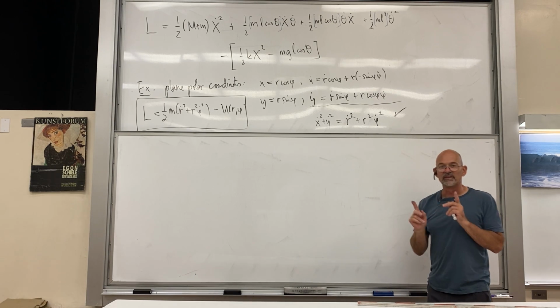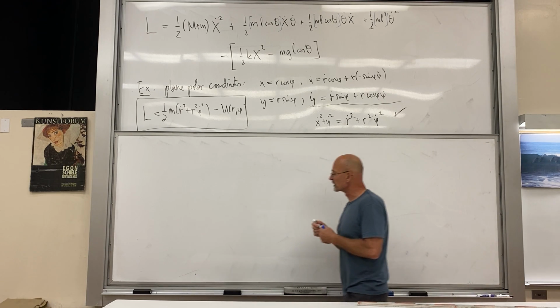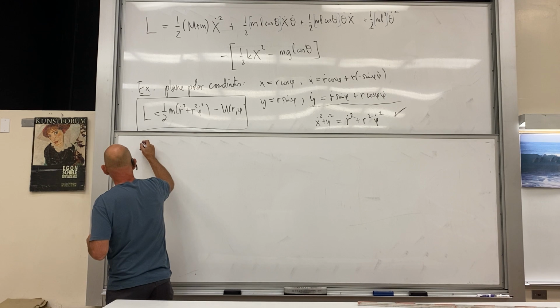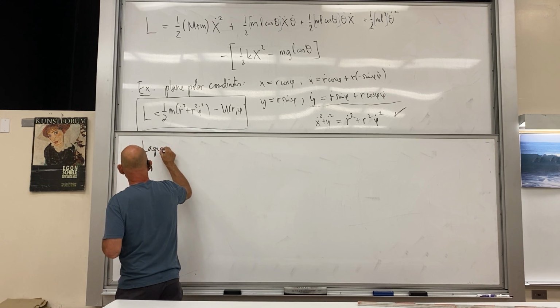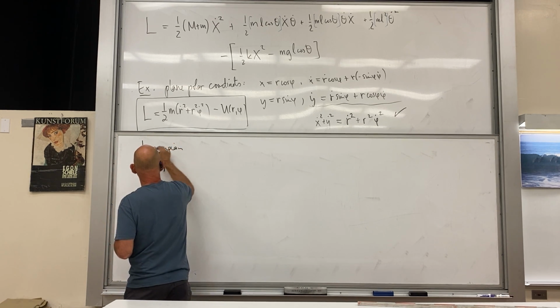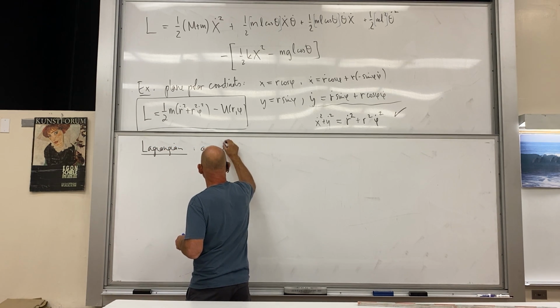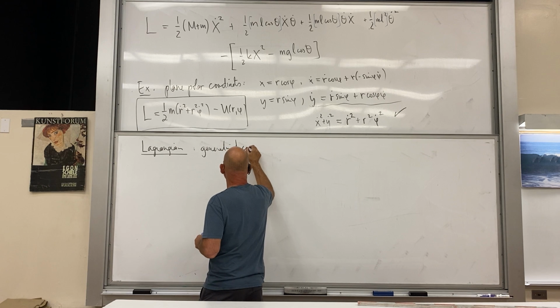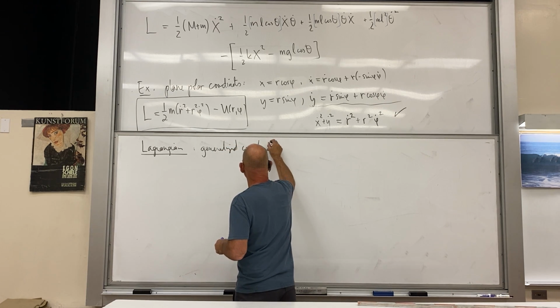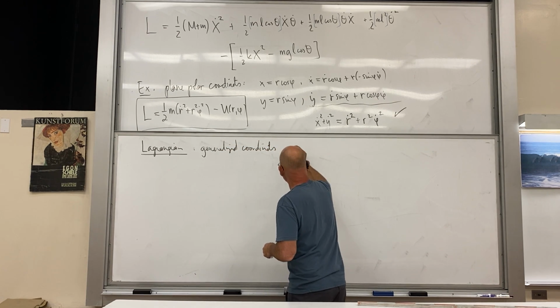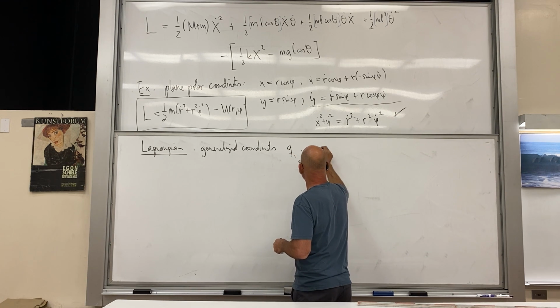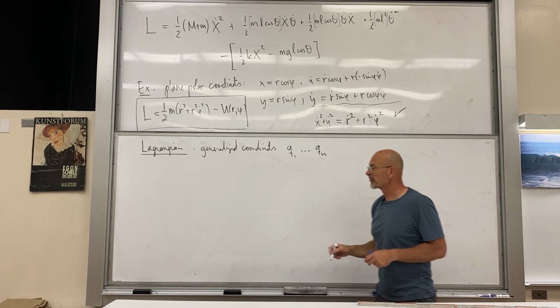Okay, so now the general form of the Lagrangian in generalized coordinates. And the generalized coordinates are q sub 1 to q sub n.